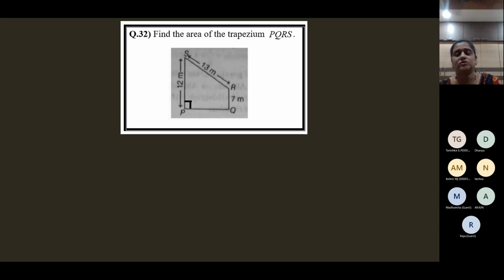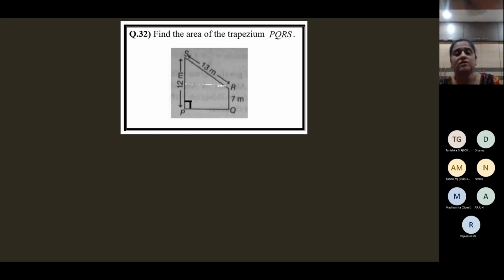Do you know the lengths of the parallel sides? Yes, ma'am. They're 7 and 12. The distance between them is what we don't know, because you cannot take 13 as the distance between them. Distance is always the perpendicular distance between the parallel sides. So this is the perpendicular distance between the parallel sides. You do not know the length of PQ. You need to find PQ. Construction.